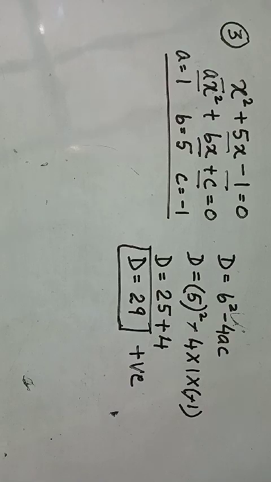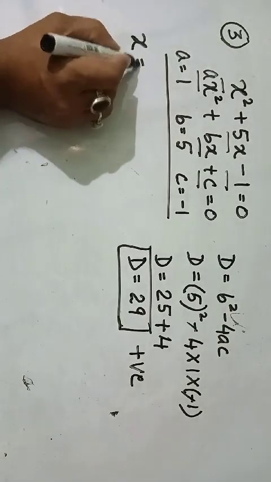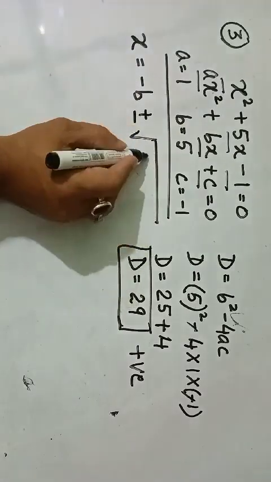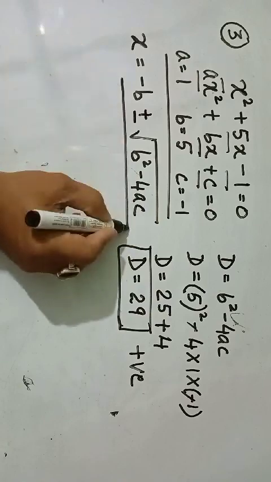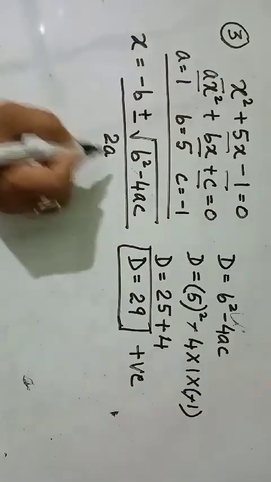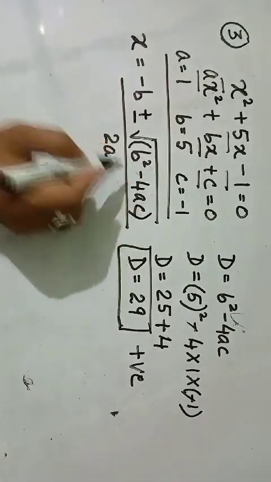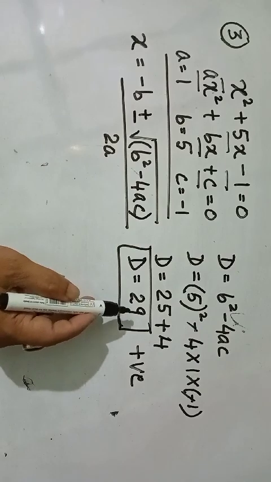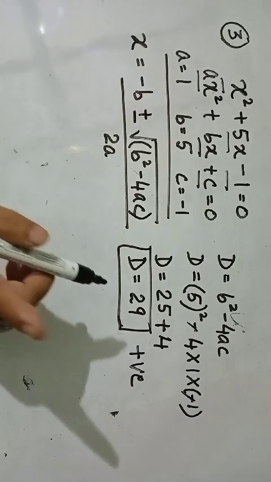Okay, d is plus. Now again, let us look at the Sridharacharya formula. Minus b plus minus under root b square minus 4ac whole upon 2 times a. That is our formula. This bracketed portion in the under root sign is my d. So now you can see that d has come out to be 29, which is a positive number, but it is not a perfect square.